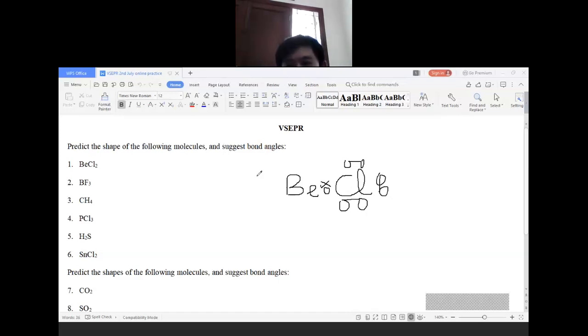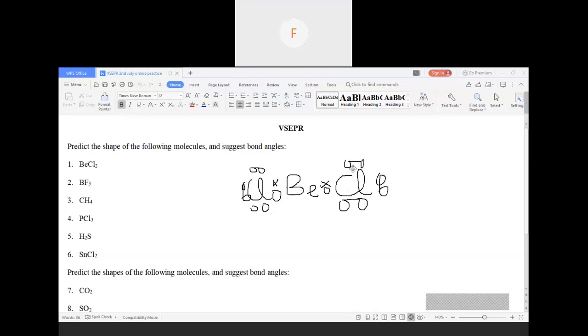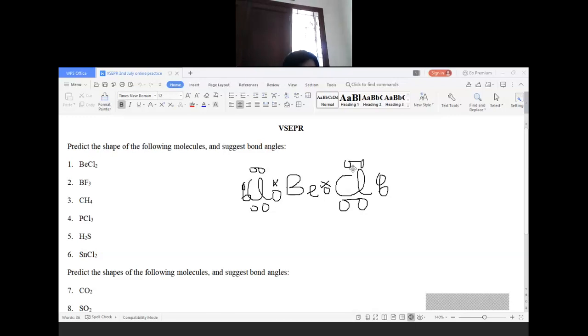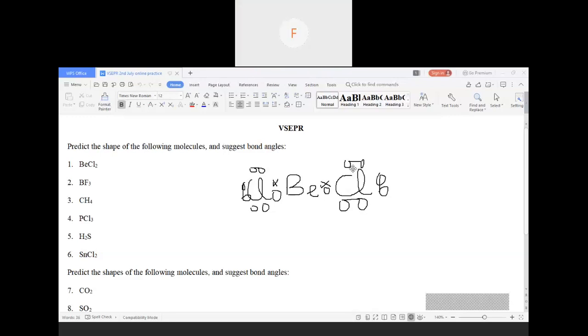Am I right? And then this one. How many lone pairs are there in beryllium? 0. None. How many bond pairs? 2.